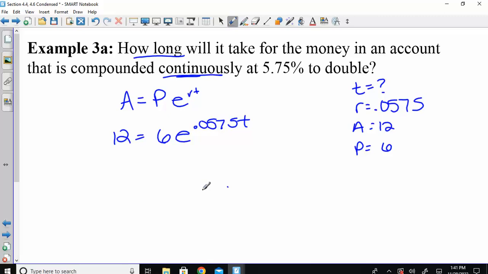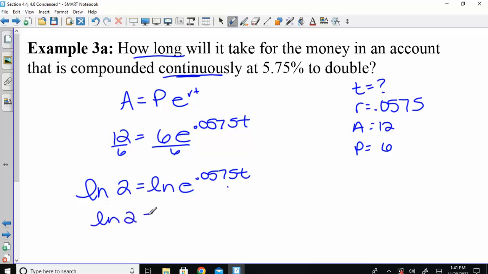So now it's kind of like the last problem, where we were solving for our K. What do I need to do first? Divide by 6. When we have e's, what do we like to add? A natural log, and the e cancels.